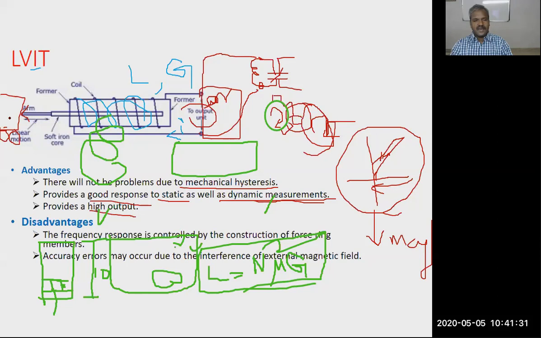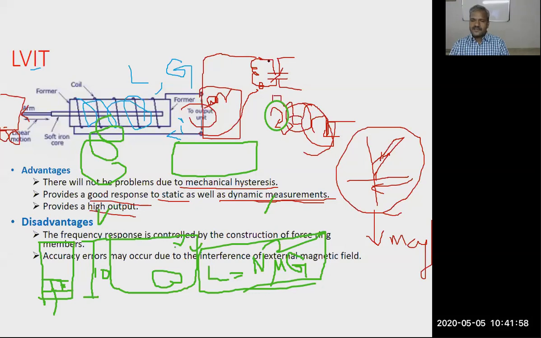You can connect the LVIT instead of the inductance in the tank circuit. You know the tank oscillator, a basic tank oscillator circuit. A very famous tank oscillator is the Colpitts oscillator, which can also be constructed using an op-amp.